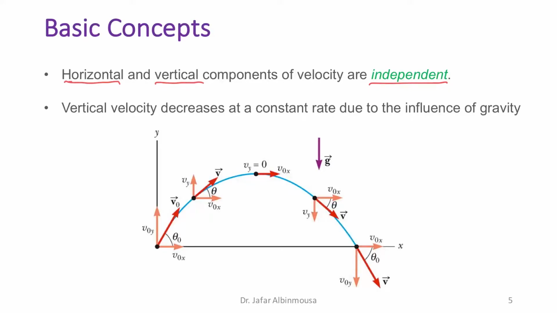Then if we look at the vertical component, which is the y component, in this example we have a projectile which was given an initial velocity v0 at an angle theta 0.